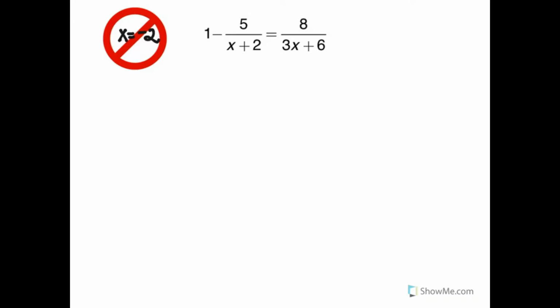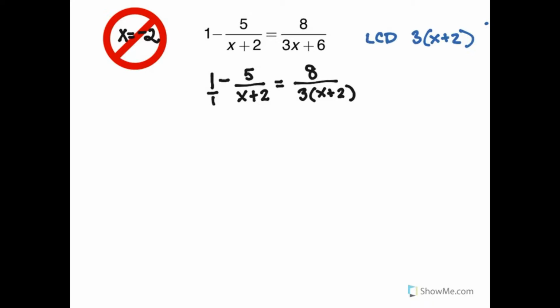The next step of solving is to find the least common denominator. So let's look at the two denominators, and we see that 3x plus 6 isn't factored. So we'll factor it. I factor out 3, and it's 3 times x plus 2. So the least common denominator for 1, x plus 2, and 3 times x plus 2 is 3 times x plus 2.